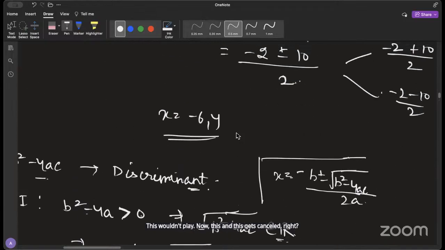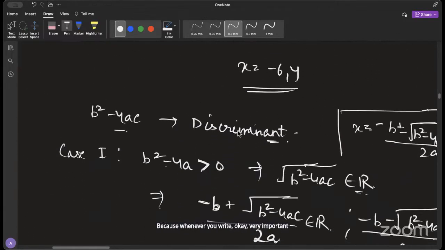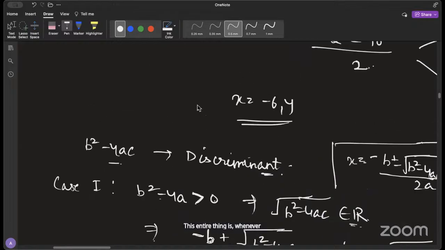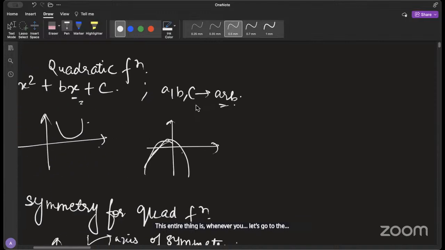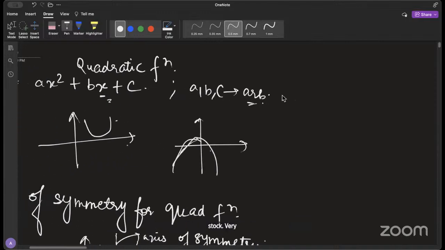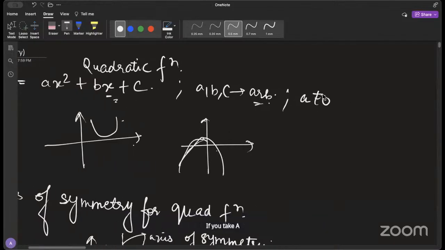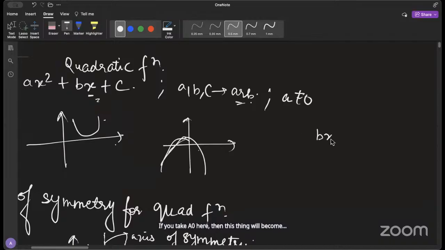A very important thing that I forgot to mention while discussing this is that your a should never be 0. If your a is 0 here, then this thing will become bx plus c, and this is just a linear function.